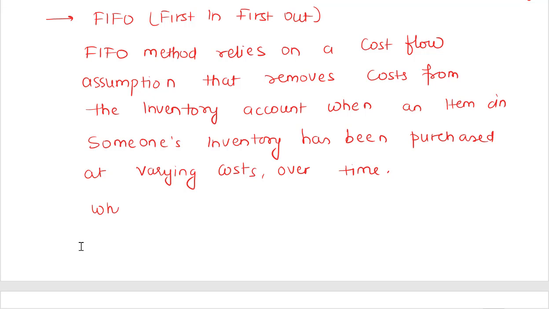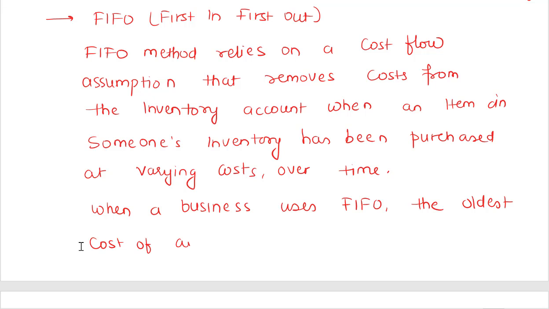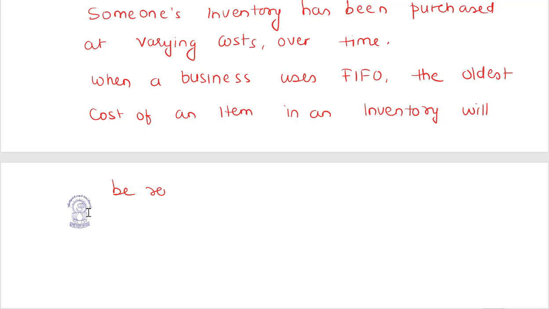When a business uses FIFO, the oldest cost of an item in an inventory will be removed first when one of those items is sold.